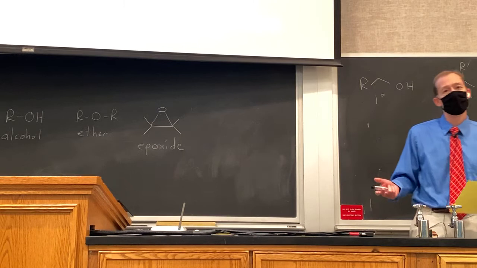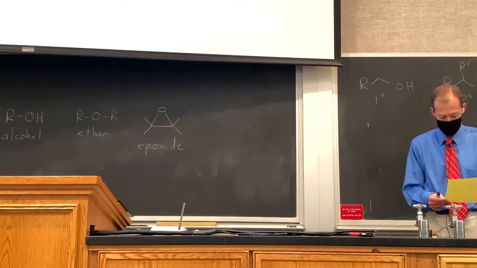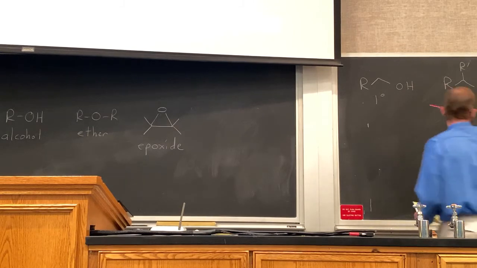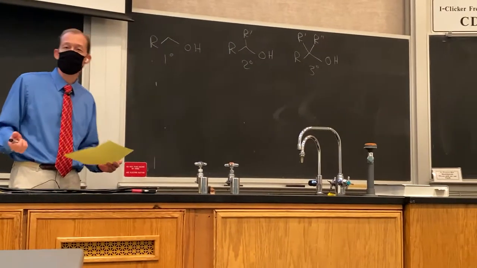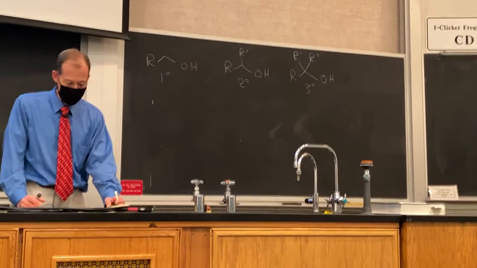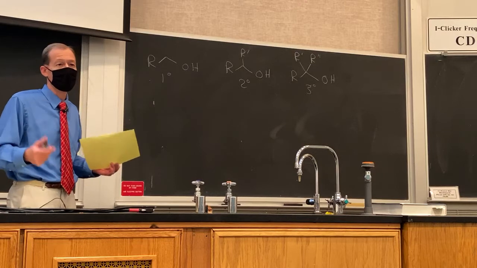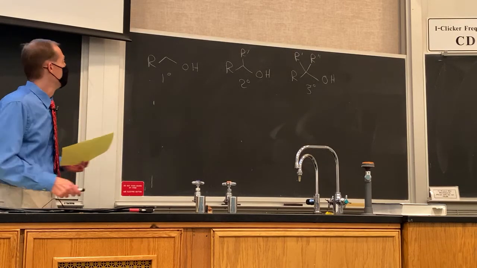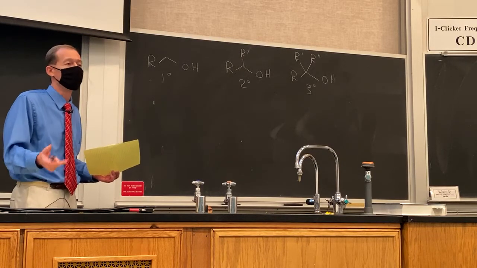There's some vocabulary associated with these compounds that we need to learn. So for the alcohols, we have here a classification system that is identical to the classification system that we used for alkyl halides: primary, secondary, and tertiary, depending on the number of alkyl groups attached to the carbon that bears the oxygen.